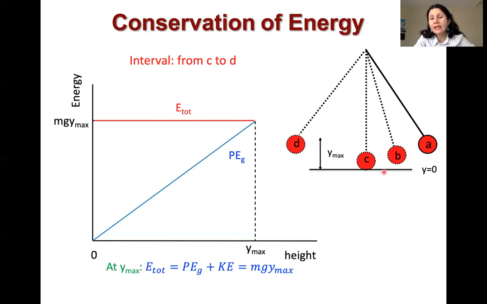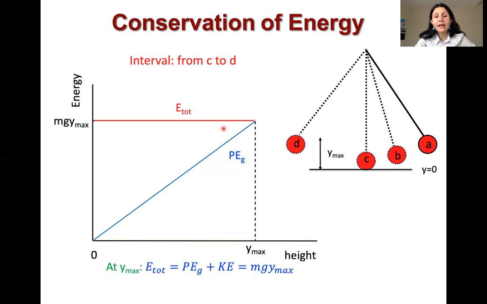We could do kinetic energy next and then sum the two. That's one way of doing it. But to do kinetic energy first, you have to calculate the kinetic energy between these two points. Another thing we can do is find the total energy and then use the fact that the total energy is the sum of the two to find kinetic. So that's what we'll do here.